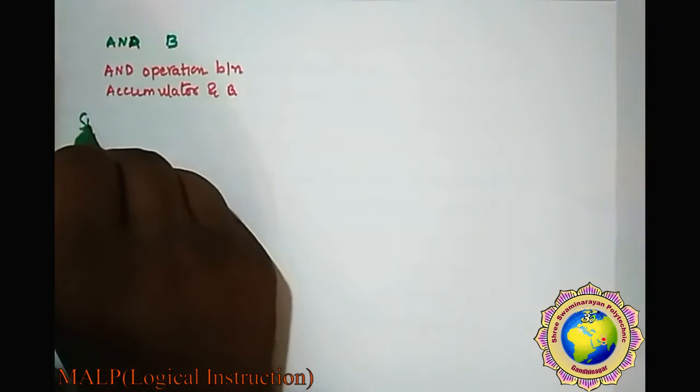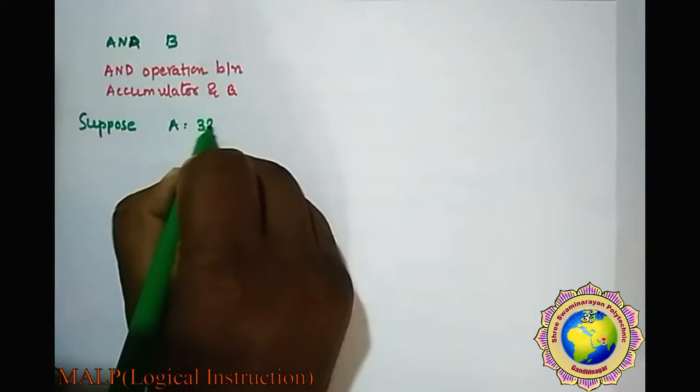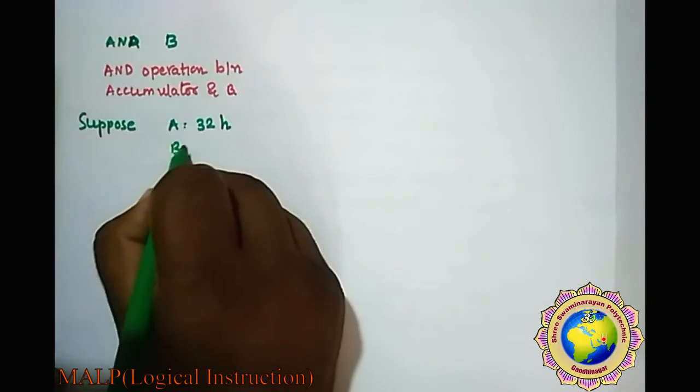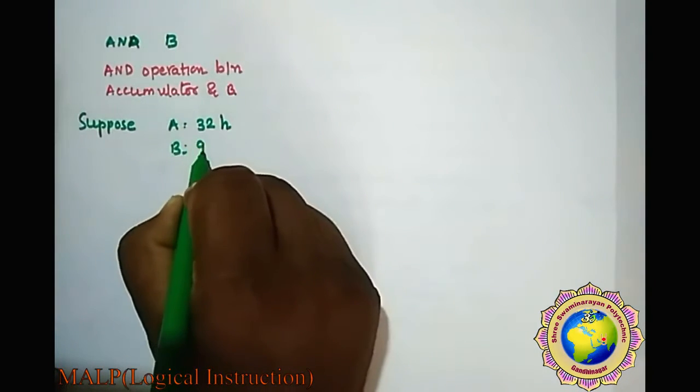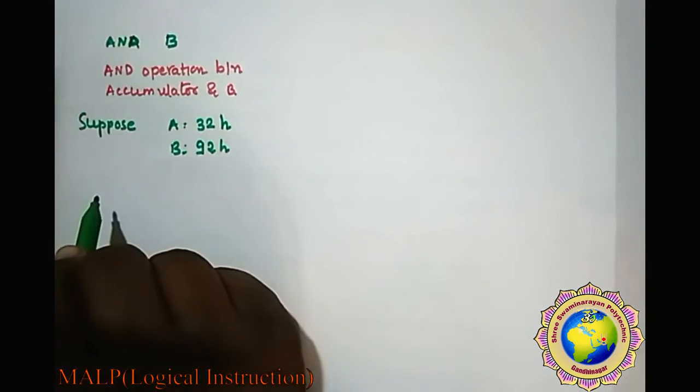Suppose the value of A is 32H. A ની વેલ્યુ કેટલી છે? 32H છે અને B ની વેલ્યુ છે 92H. Okay, now we are going to make the AND operation.